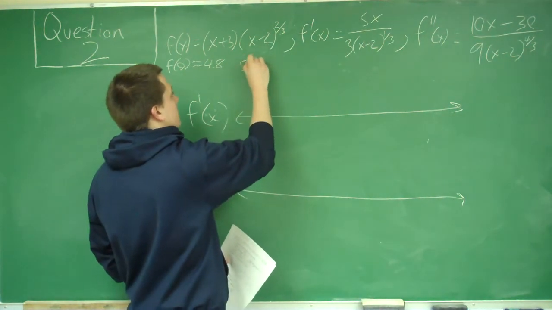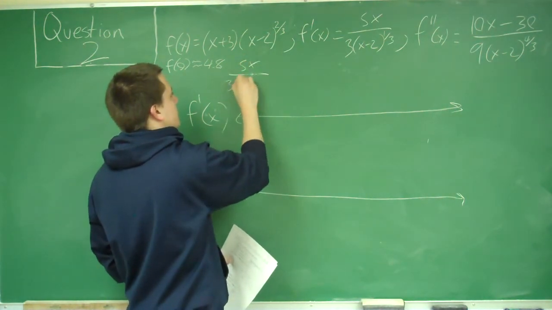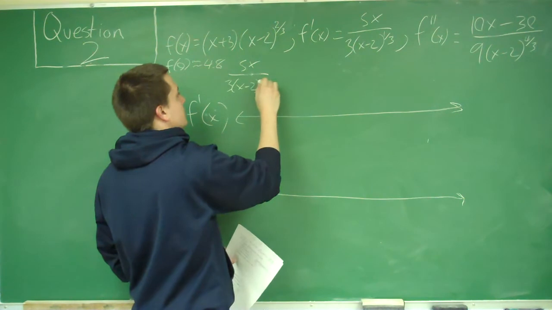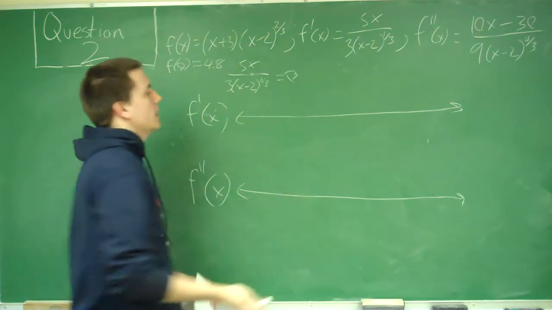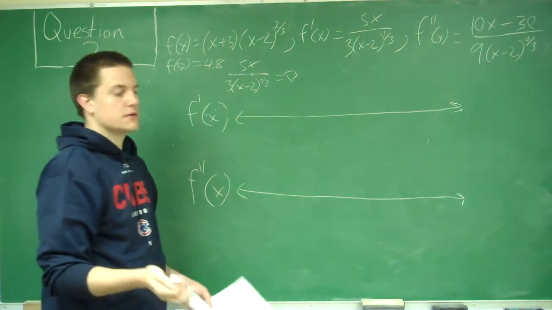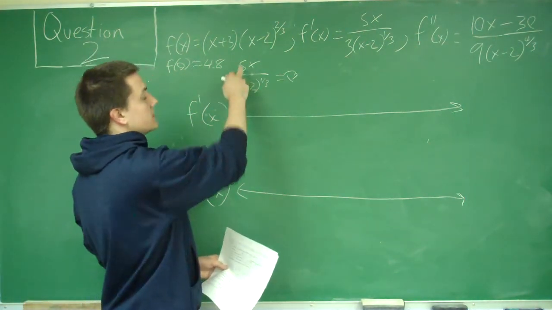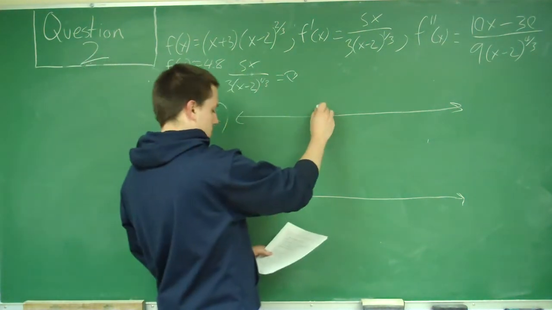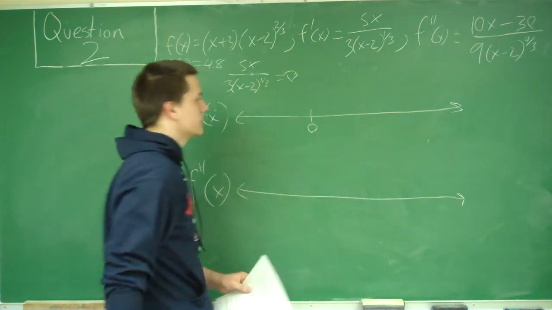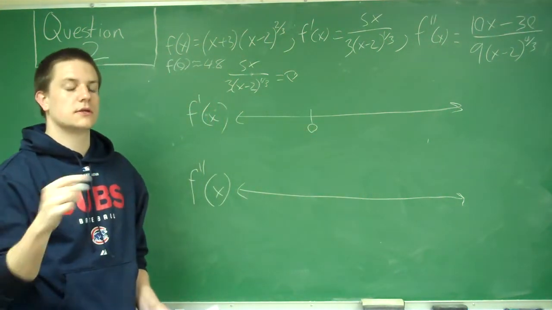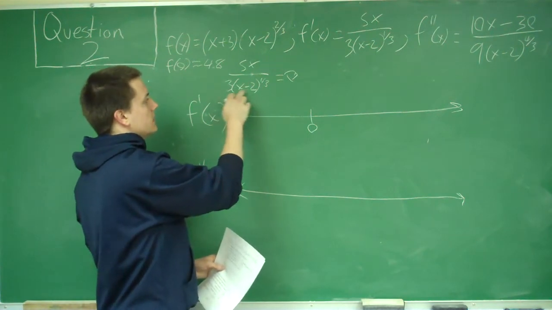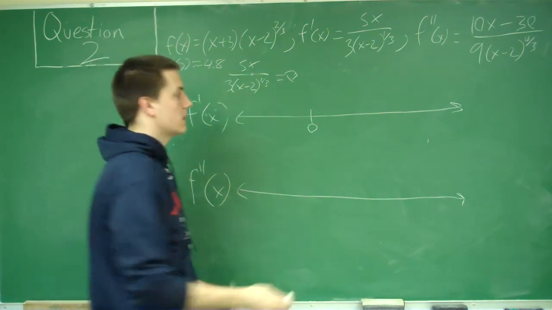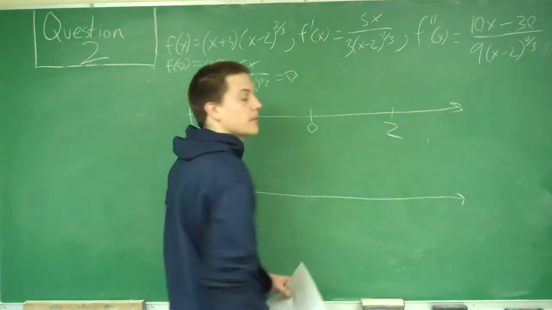So we have 5x over 3 times (x minus 2) to the 1/3 equals 0. When the numerator is 0, the whole thing equals 0. Since it's 5 times x, we know 0 is one of our roots. And the other critical number is when the denominator equals 0. Since this is factored as well, it's when x minus 2 equals 0. So our other critical number is going to be at 2.